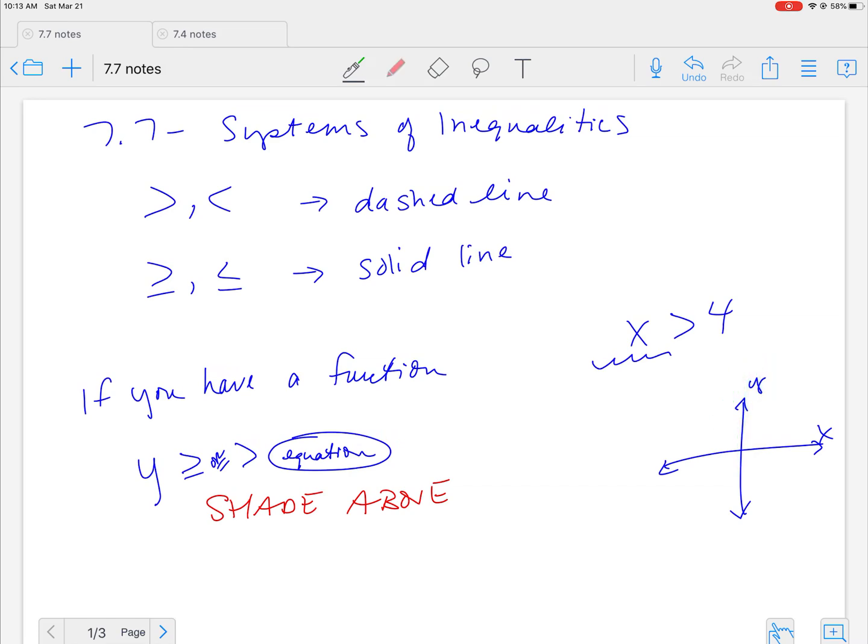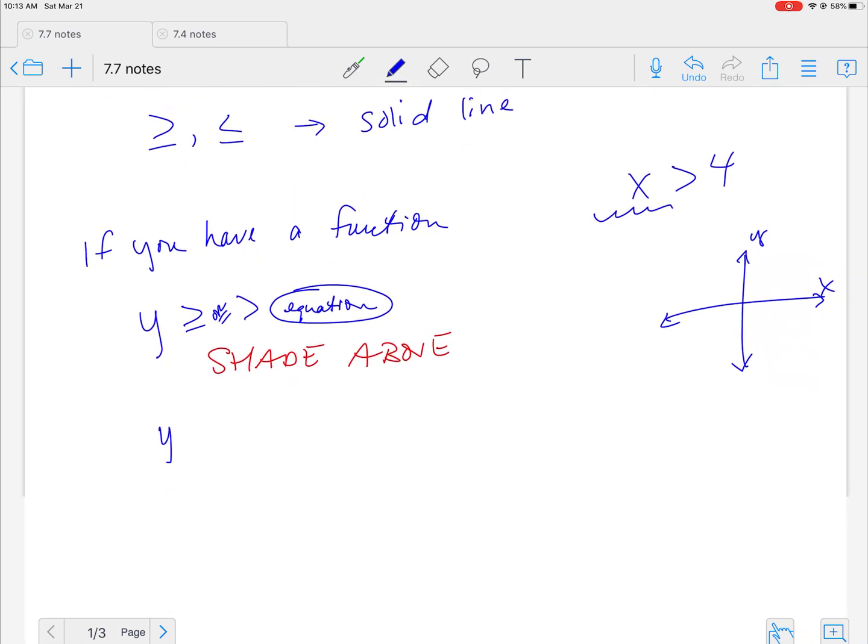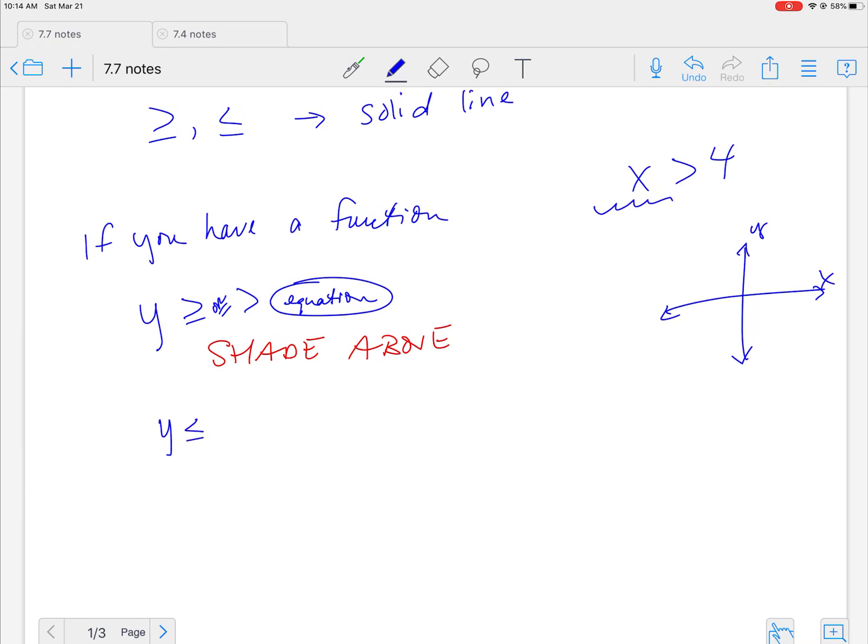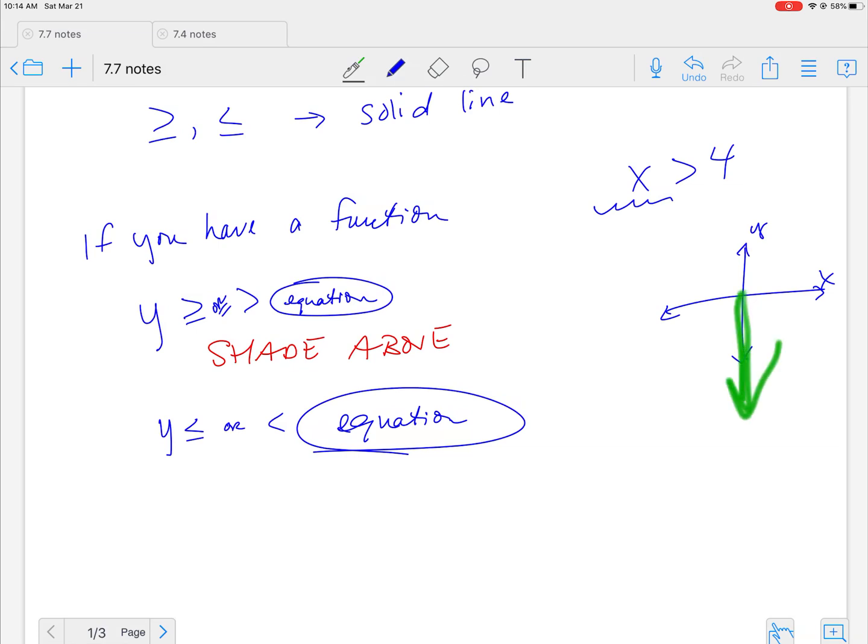All right. Now, what if I have y values that are less than or equal to, or less than whatever equation you have? Where are the y values getting smaller? So if my y values are less than, that's going to take me below.